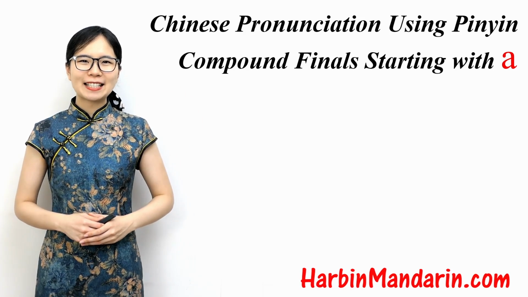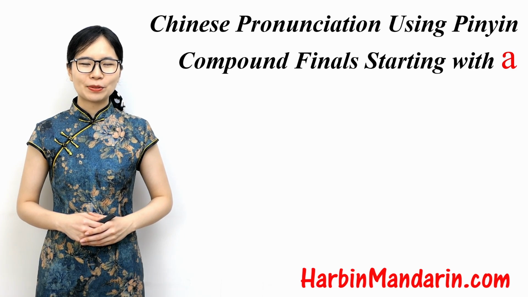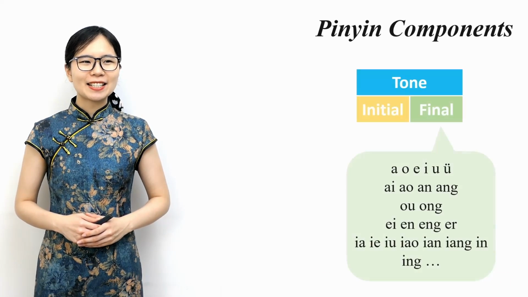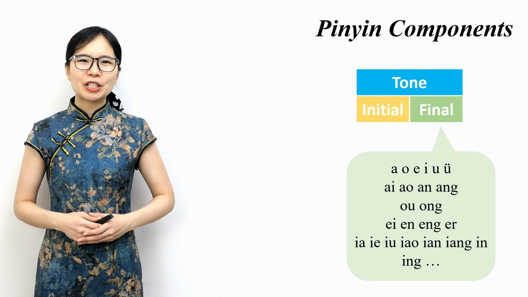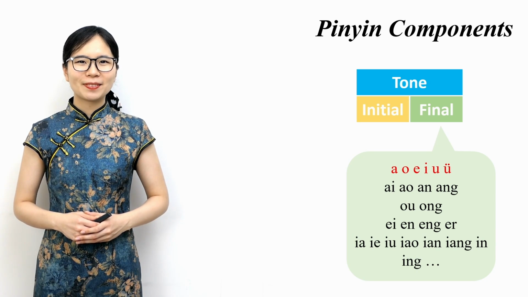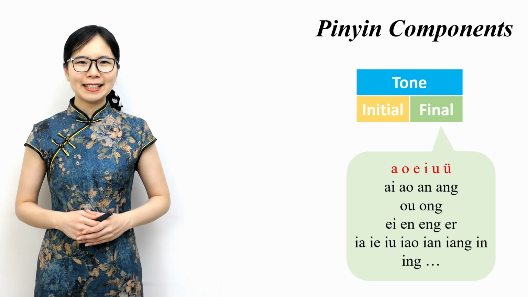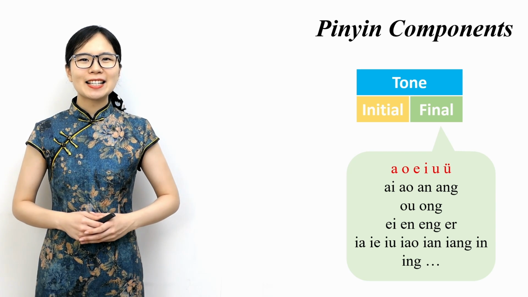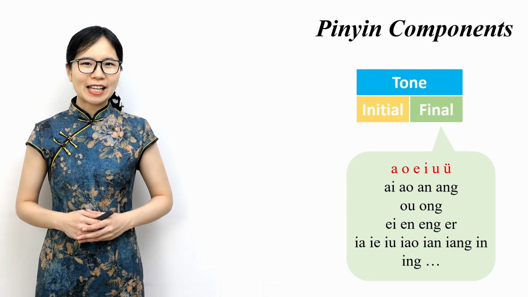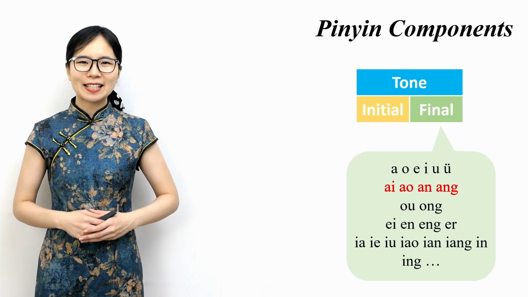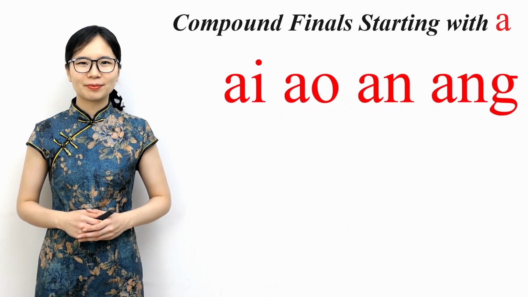Welcome to the 5th lesson in my Chinese pronunciation using Pinyin series. In Lesson 2, we learned the pronunciation of the 6 simple finals: a, o, e, i, u, and ü. In this lesson, I'm going to cover the pronunciation of the 4 compound finals starting with a.